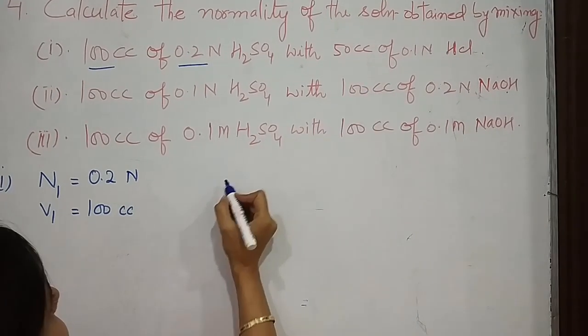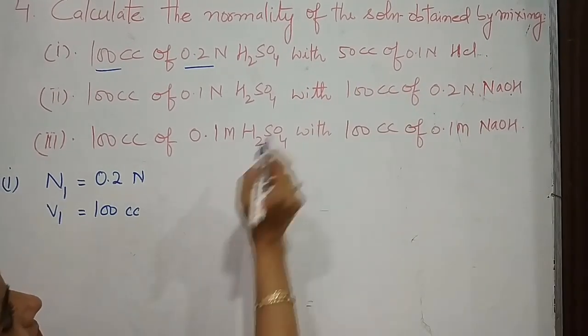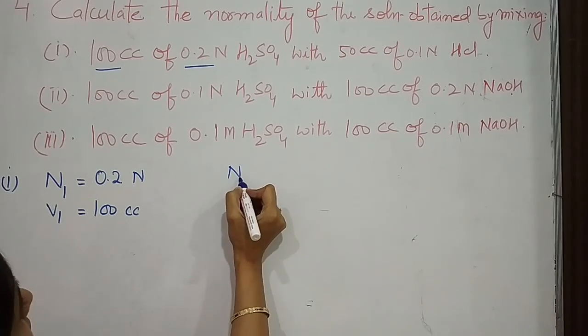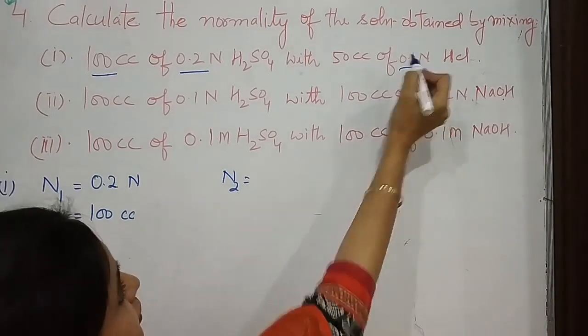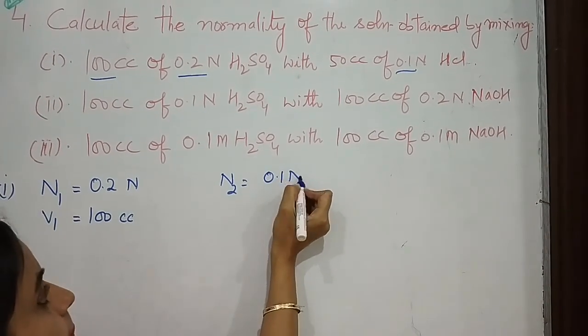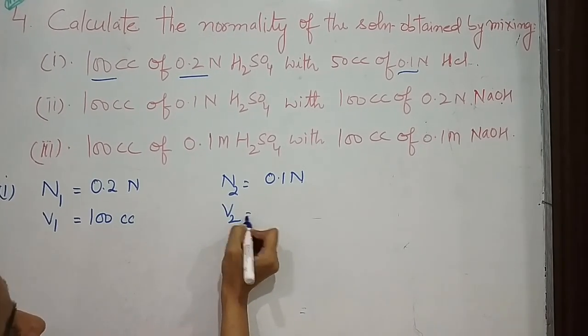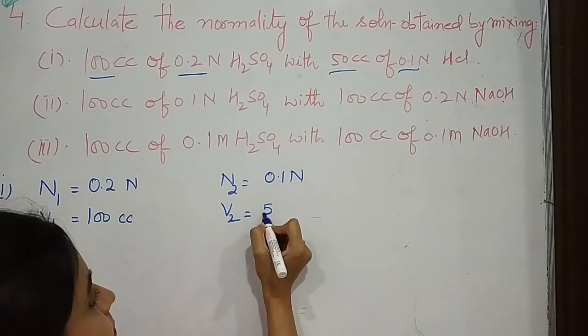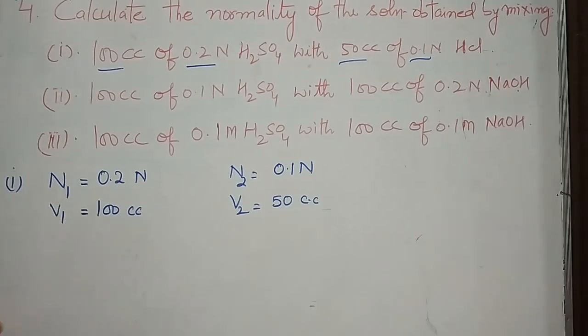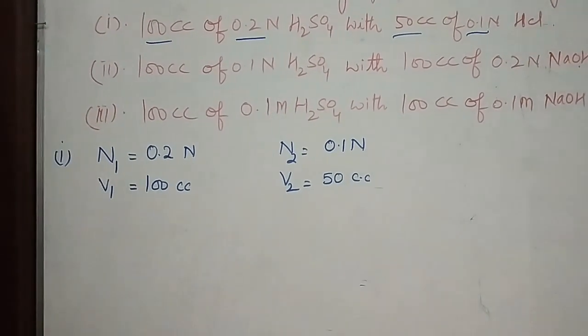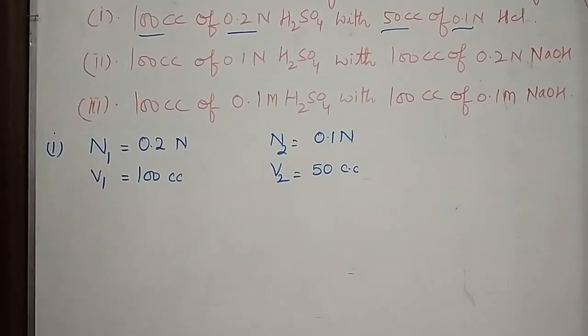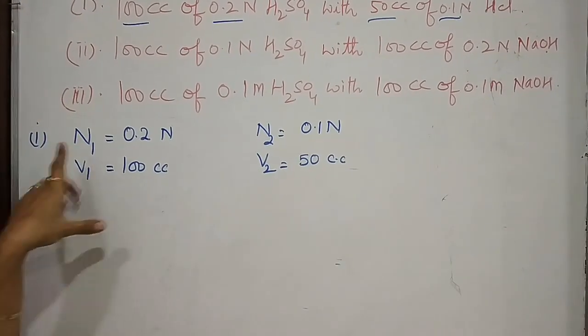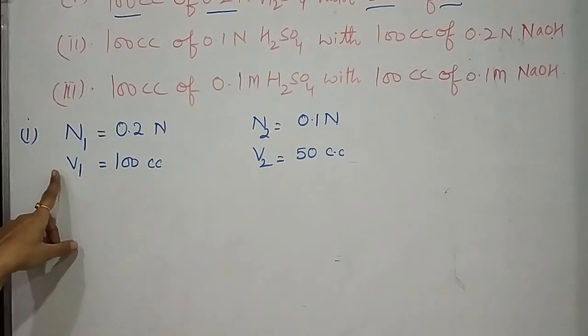And for the second acid, that is HCl, we have normality N2 equal to 0.1 normal and volume equal to 50 cc. Likewise, if you have two different bases, you can calculate in the same manner, normality and volume.